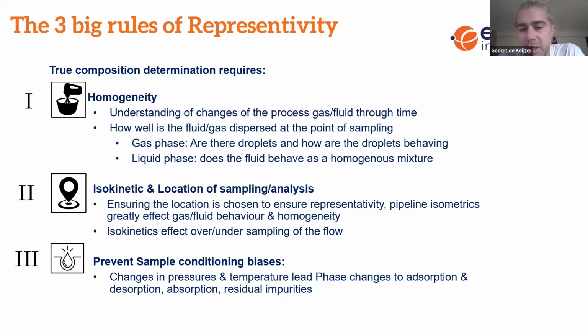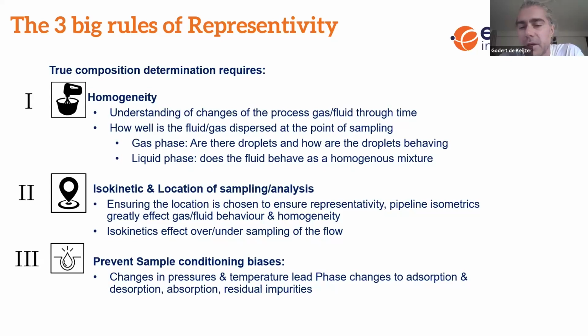The second is isokinetic. So at the point where you take out the sample, you have to take a lot of care in how you take it out and extract it, in terms of the design of the probe itself, but also the whole tubing and piping behind it.